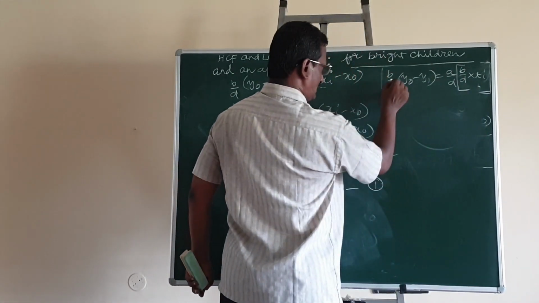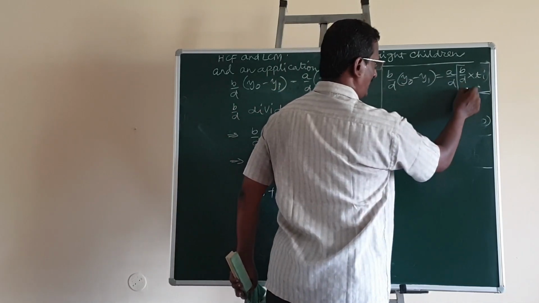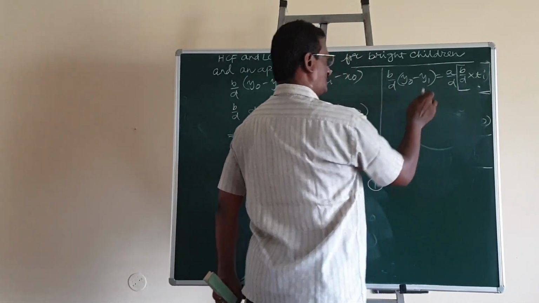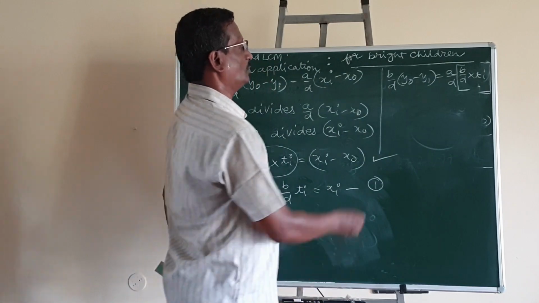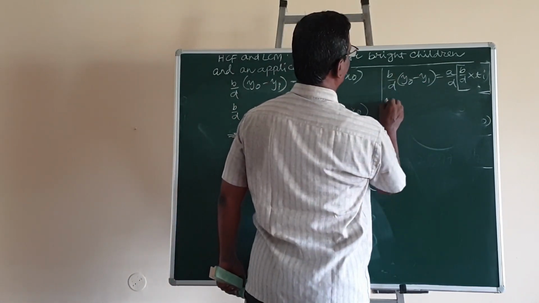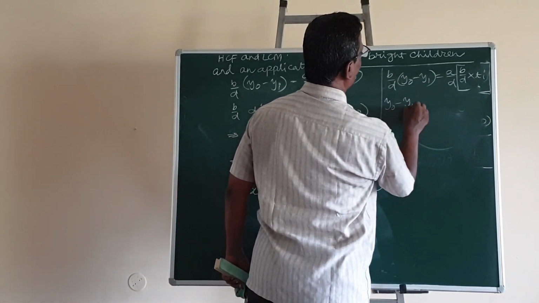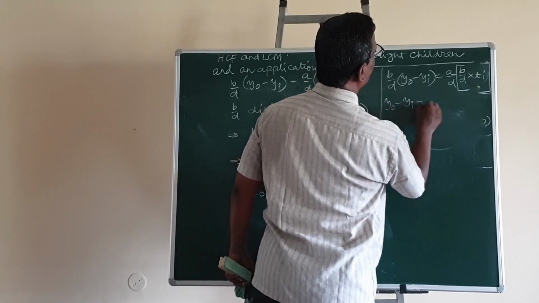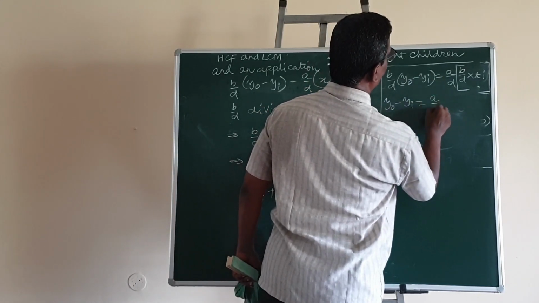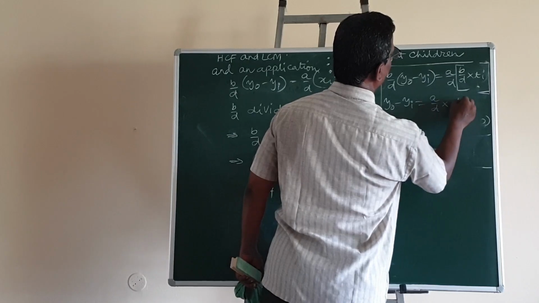Now LHS b by d, RHS b by d, it is full multiplication. So this is also full multiplications. So on cancellation of b by d, y0 minus yi is equal to a by d into ti.